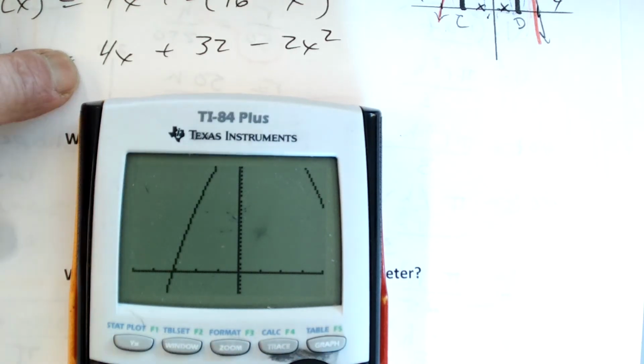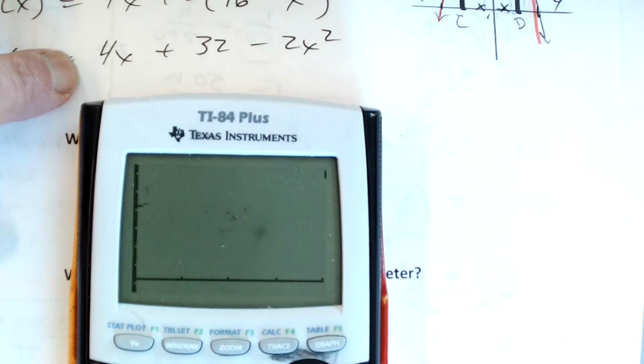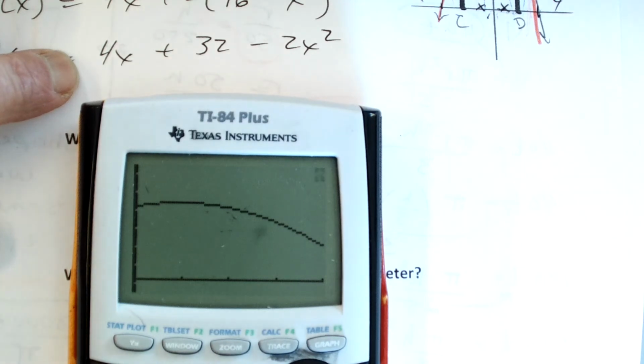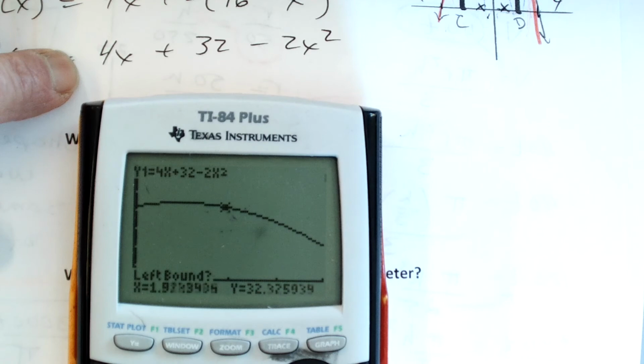Okay, I'm going to fix my window a little bit. 0 to how about, I don't know, let's go 50. My maximum value is right about there somewhere, right? So I'm going to use the maximum feature on my calculator.